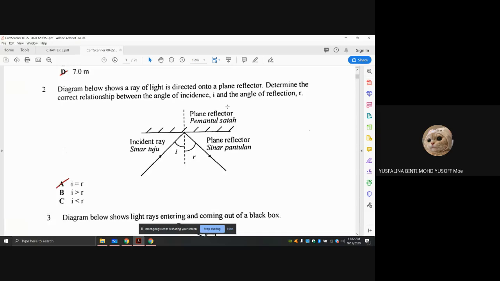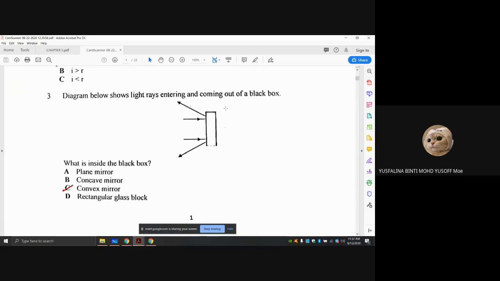Okay, for number 3, the diagram below shows a light ray entering and coming out from the black box. So the concave mirror is known as the converging mirror.